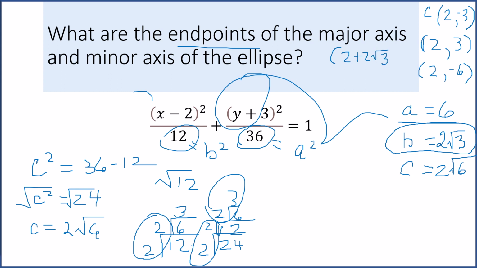And we don't do anything to the y coordinate this time. We're traveling in the x direction. And then 2 minus 2 square roots of 3. So those are our 4 points and our center. If we plot those, then we can make a quick sketch or a quick graph.